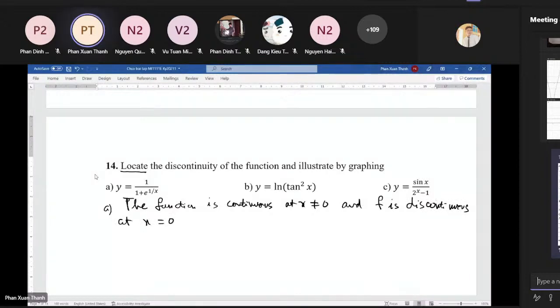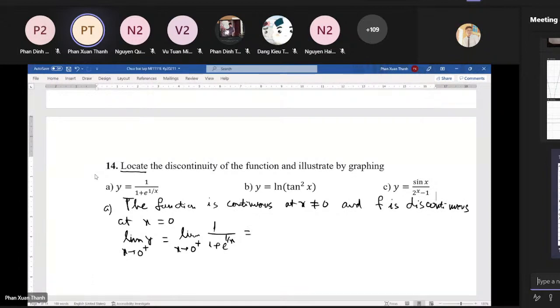And now we can find the limit of y when x approaches 0 from the right. That means the limit as x approaches 0 from the right of 1 over 1 plus e to the power 1 over x. As x approaches 0 from the right, 1 over x goes to plus infinity. So here it equals 0.